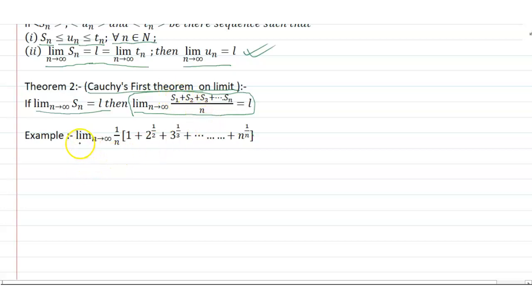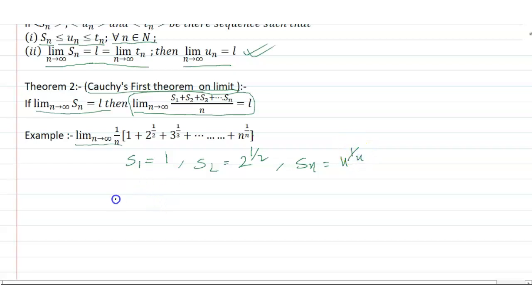Example: limit n tends to infinity of (1 plus 2 to the power half plus 3 to the power 1/3 up to n to the power 1 by n) by n. So friends, here you see S1 is equal to 1, S2 is equal to 2 to the power half. Similarly, Sn is equal to n to the power 1 by n.